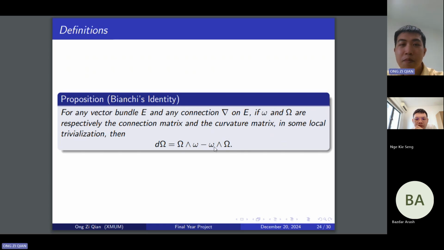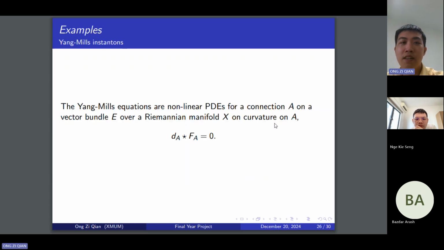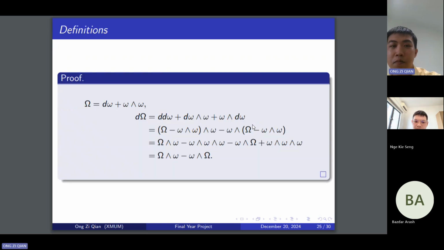And then we can see an example, the instanton, which is the easiest example. So we give an instanton, which is a solution of the Yang-Mills equation. The equation is d_A Hodge star F_A equals 0, and the curvature is the solution, the desired instanton.